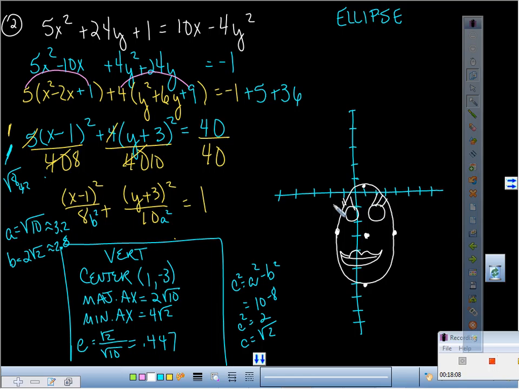Charlie's wearing his earrings and a big fat nose. Might as well have some fun. Yeah, I did that during Algebra 2. I'm just about finished, people. I'm about ready to quit.